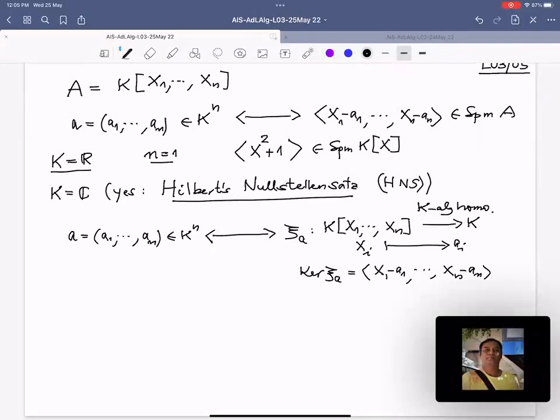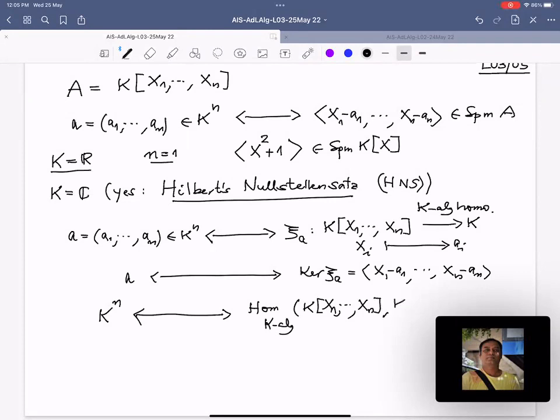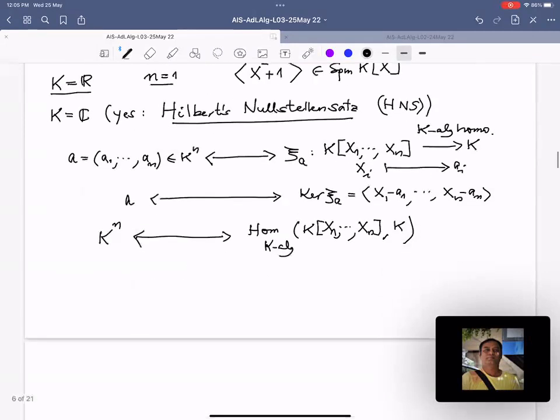Therefore, one can identify the points with this K algebra homomorphism. That means you can identify K power n with Hom of K algebra homomorphisms from the polynomial ring to K. Modulo the kernel it will be K, so the residue fields are K. That is precisely what I call the K spectrum.